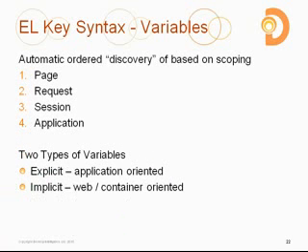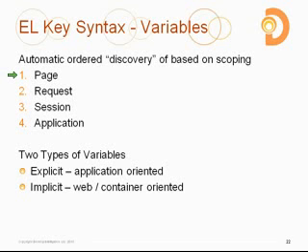With the core syntax behind us, the next thing for us to understand is how the expression language works with our Java beans. Remember, the expression language was created to simplify access with Java beans. In order for a Java bean to be exposed to the expression language, the Java bean must exist in one of the 4 scopes.